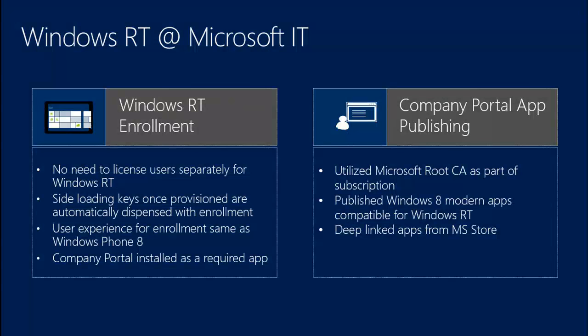What we noticed was different dev teams inside the company have their own child certificates based off of the Microsoft internal root, and they would sign their apps with their own child certificate, which is fine. What you have to do is make sure that when you publish that certificate in the console as part of setting up the RT enrollment, you use the root cert. So the child will flow back to the root and be approved for the app to launch.